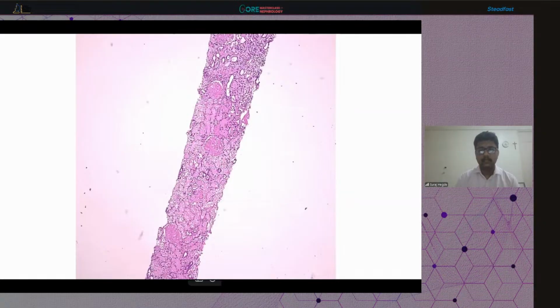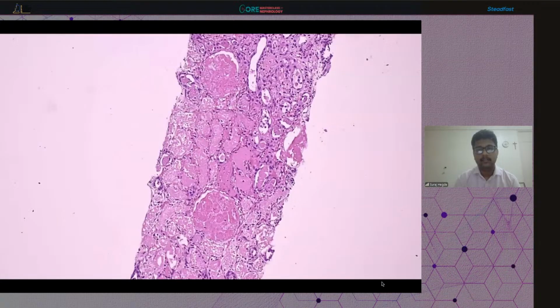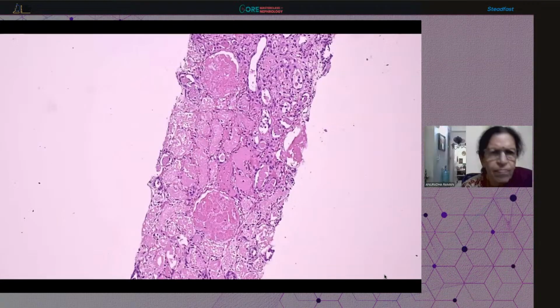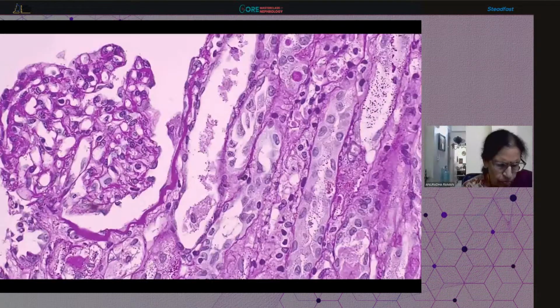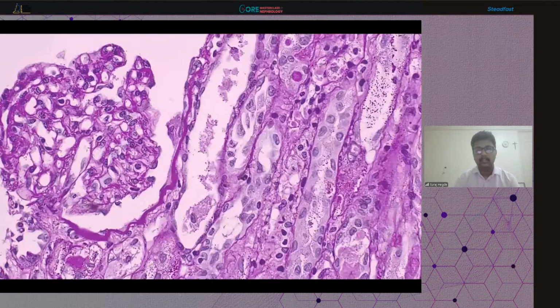Under low magnification, the biopsy mainly shows ghost outline of the glomeruli and the tubules with areas of patchy necrosis involving the majority of the parenchyma. Under high power, similar findings, the ghost outline of the glomeruli and tubules with necrosis.